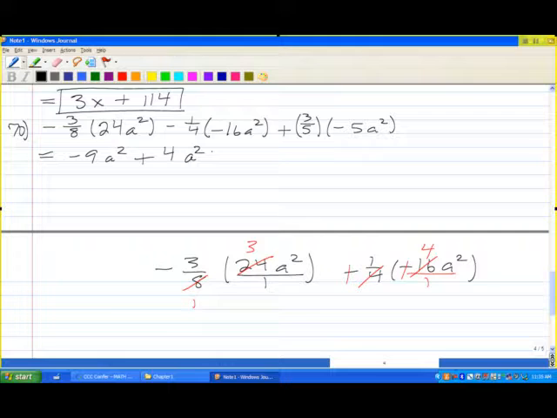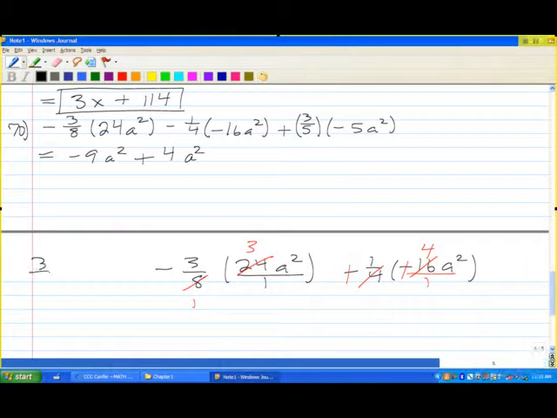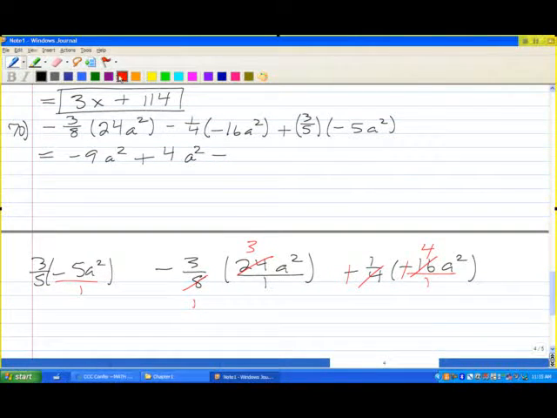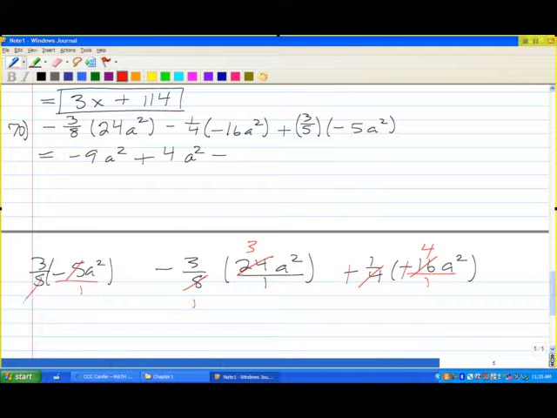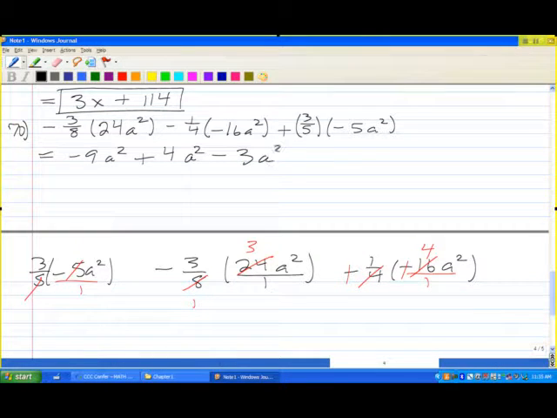And lastly, 3/5 times -5a squared. Again, let's write that over 1. Positive times negative will be negative. The 5's cancel, and so you get 3 times -a squared, which is -3a squared.